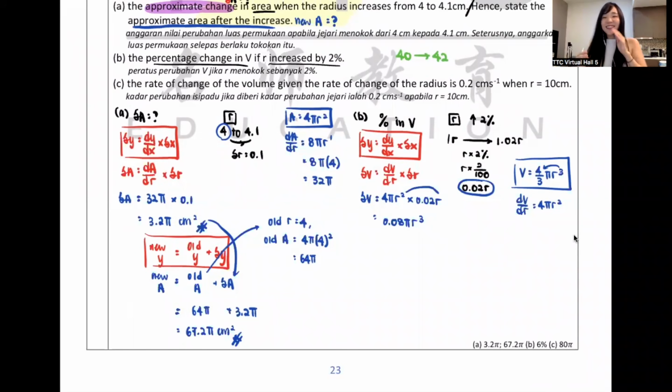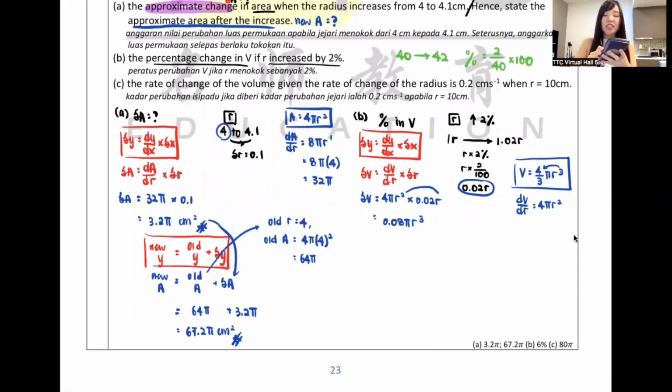Okay, never mind. So, my dear, guys, 40 become 42. You know how you guys find the percentage, my dear? Some of you guys tell me 2%. Hello, 40 to 42 is increased 2 marks, not 2%, you know, my dear. How do you find the percentage? Percentage is always like that. You will take the changes. 40 become 42, the change is 2. Then 2 over what? 2 over the original one times 100. You guys must be thinking, teacher, when did I learn it? I don't know. I think primary school, my dear.